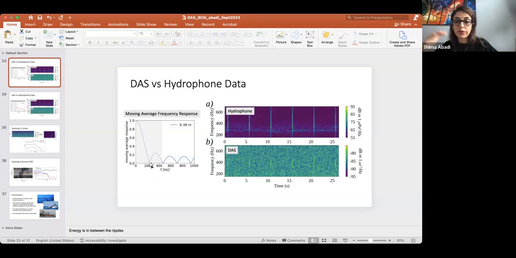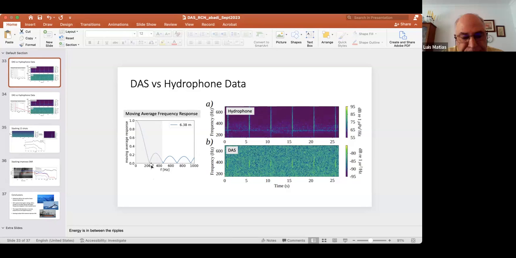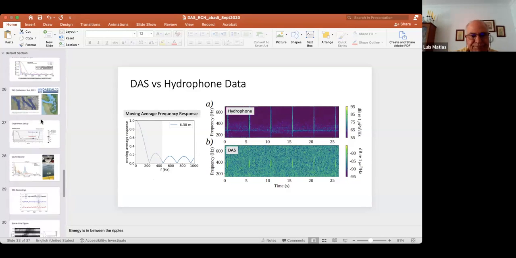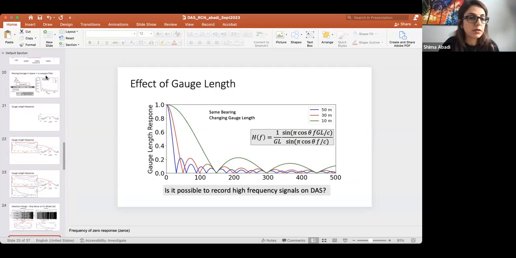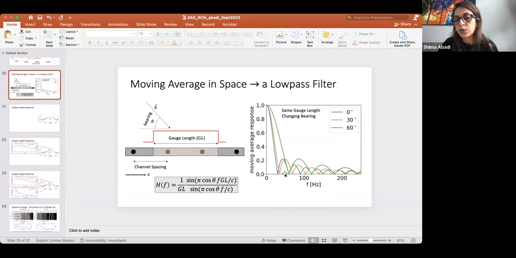And when we go to different channels, that bearing changes. Let me show you the one that I had with bearing. This one shows when the bearing changes, the location of the notch will change.